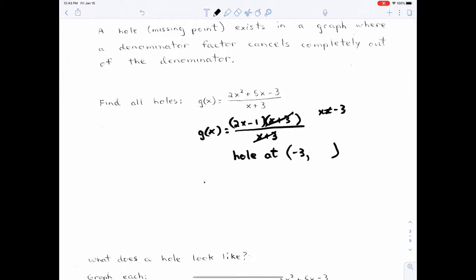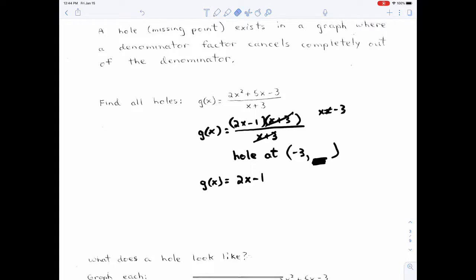So what do we have left? We have g of x equals 2x minus 1. So we're going to graph g of x equals 2x minus 1, which is a line. Well, where's the y-coordinate of the hole?